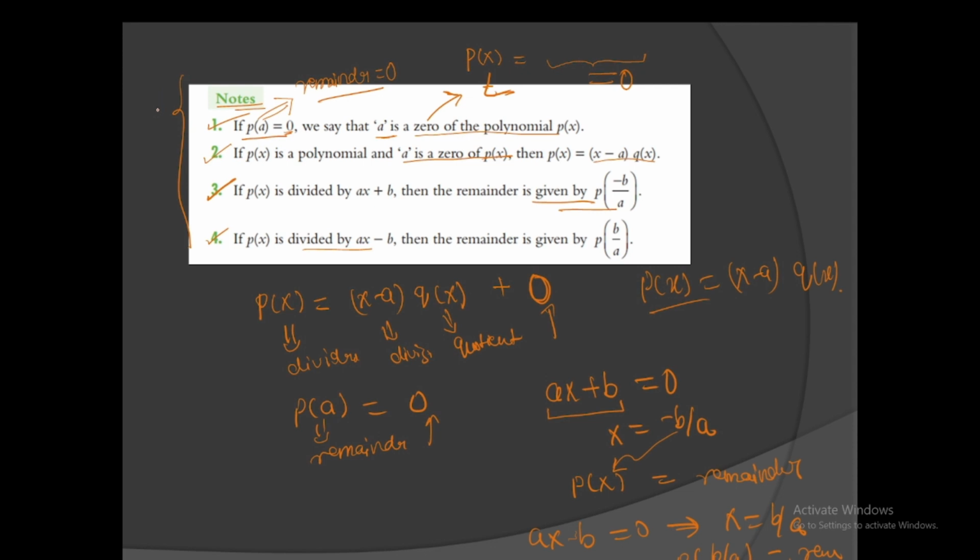Moving on next. For example, say p of x is 3x square minus 9x minus 1. Dividing by x minus 2, the remainder will be what?